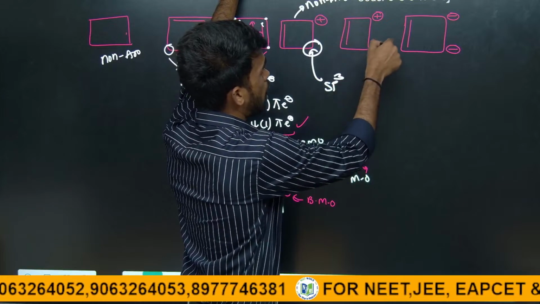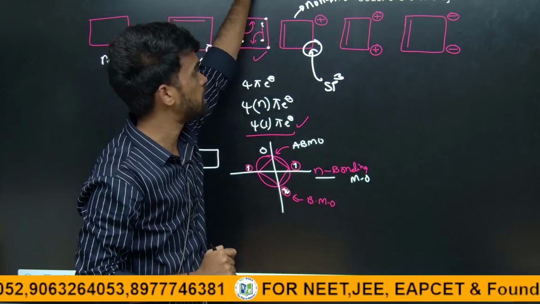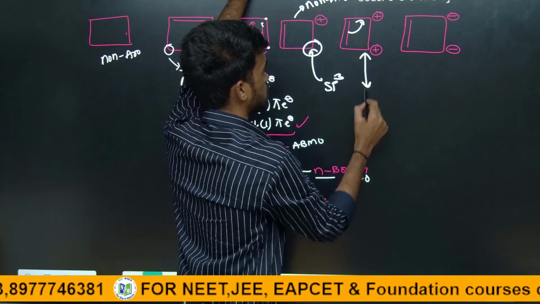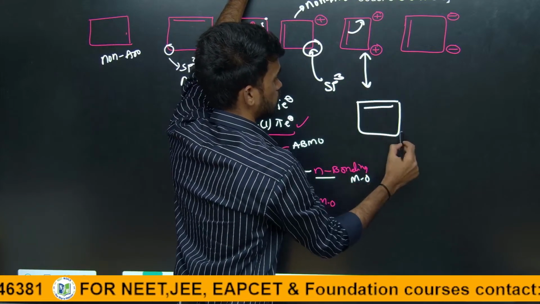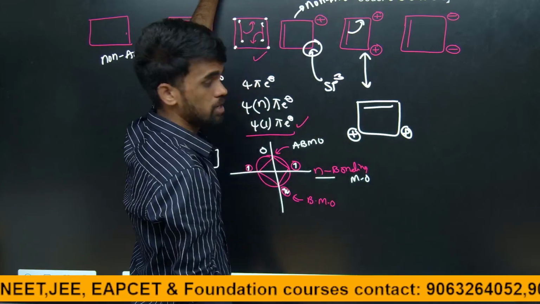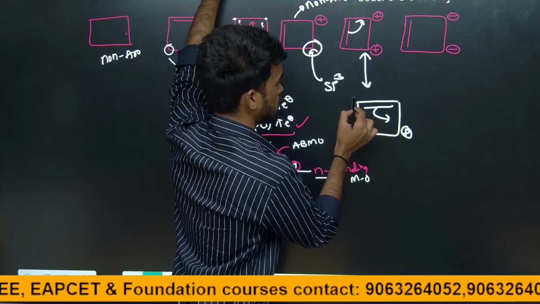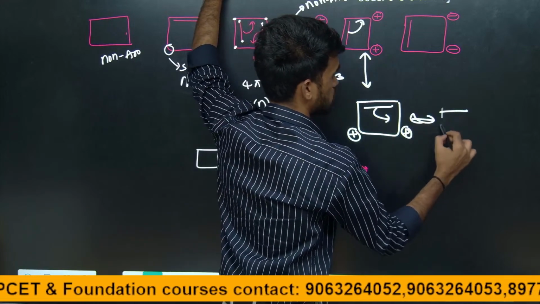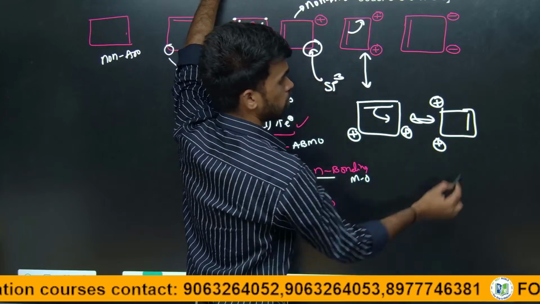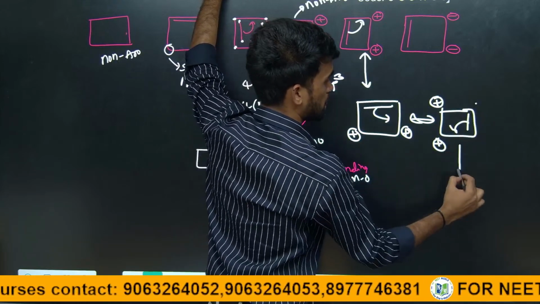Here all the carbons are sp2 hybridized in this molecule, and they are having complete conjugation like this. Check once. When it is shifting here, this carbon should get a positive charge. Again it can shift over here, and this carbon should get a positive charge. Now it can shift over here, this carbon will get a positive charge.